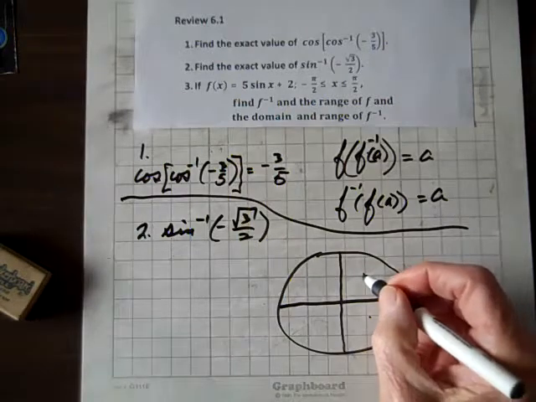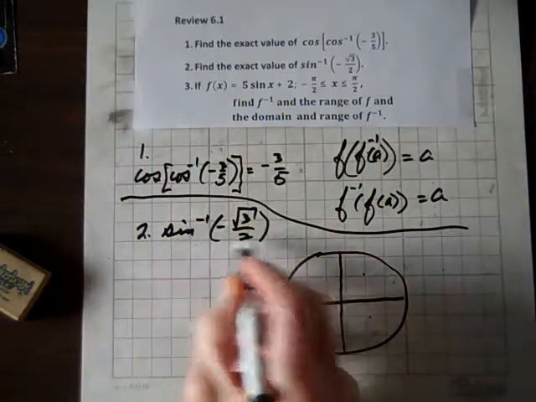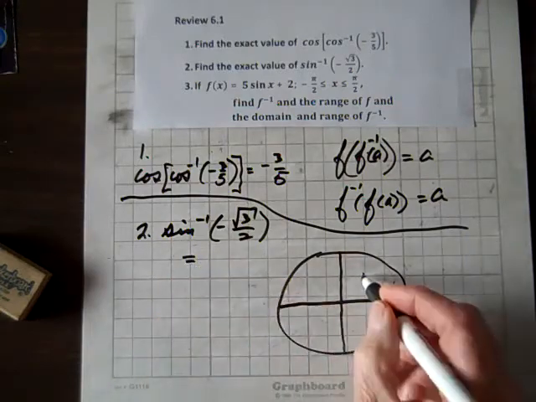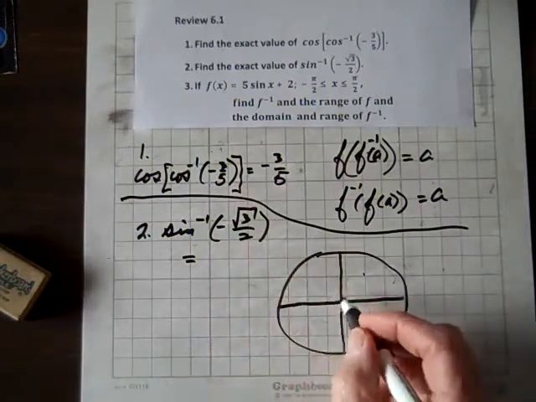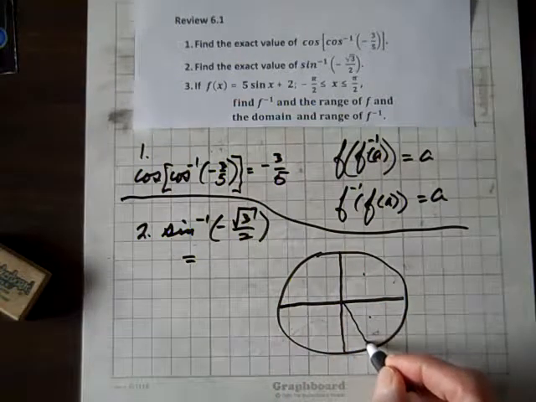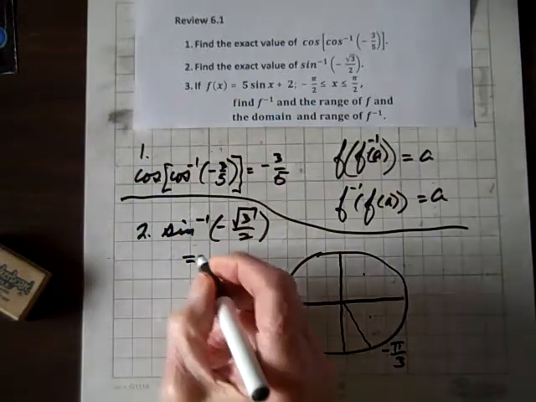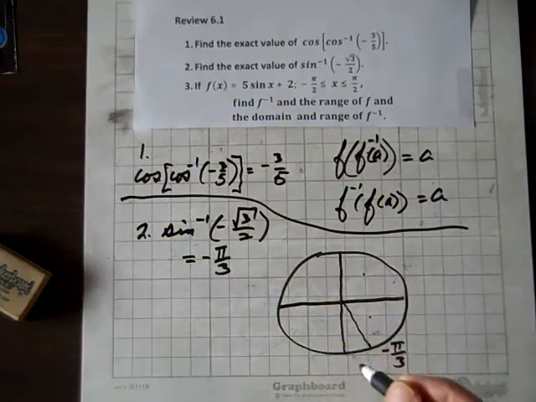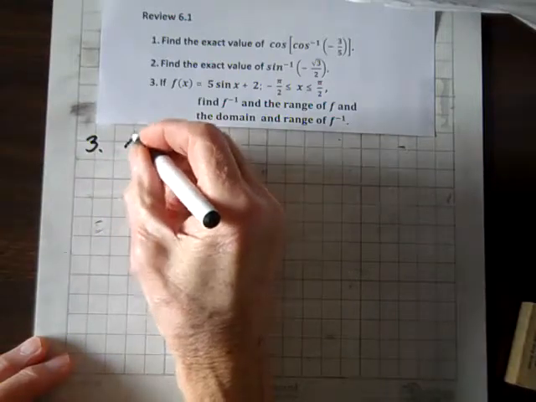So then this is an angle, by the way. This is an angle. And that angle lives in one of these two quadrants, and it's going to be -π/3. And we're done.